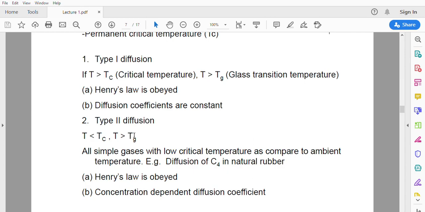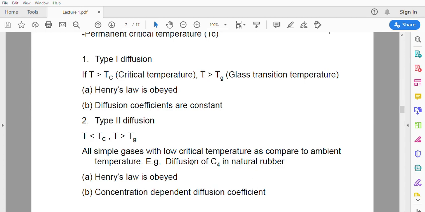For example, you want to separate different higher molecular weight hydrocarbons like butane from pentane or butane from butene. These gases are present at room temperature below their critical temperatures. If you compress the butane, it will become liquid.